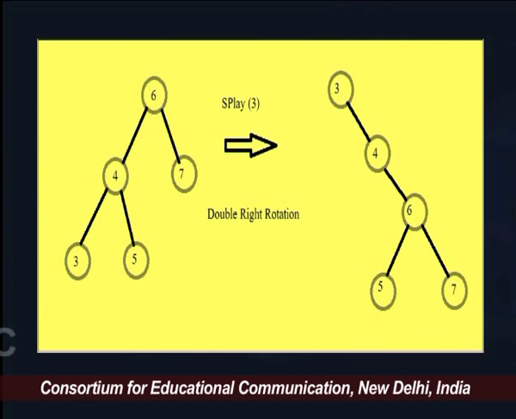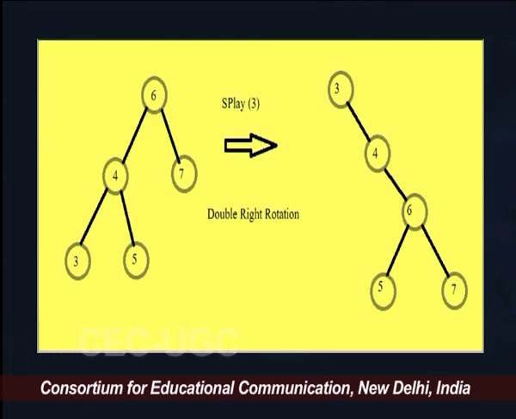So after double right rotation, the first step takes 3 one level up in the right direction. The second rotation is going to take 3 up in the right direction. So now 3 is at the root node.